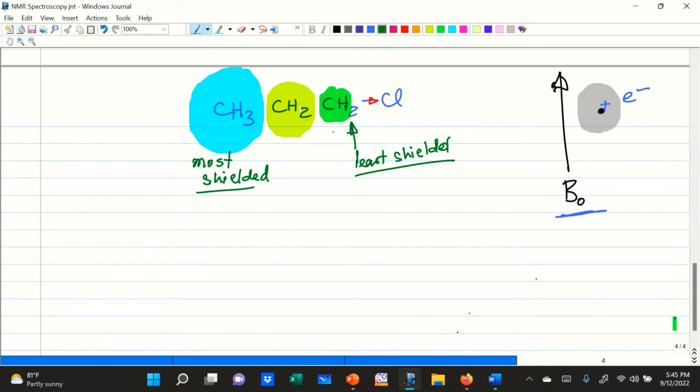Think this way: the green one is experiencing the field the most among these. But the blue one is experiencing less because it is most shielded. So how can it feel the same as green if the external field is not far greater? Get the idea? Here is a tricky thing. Imagine this way.